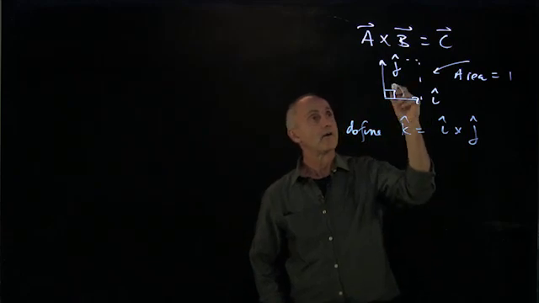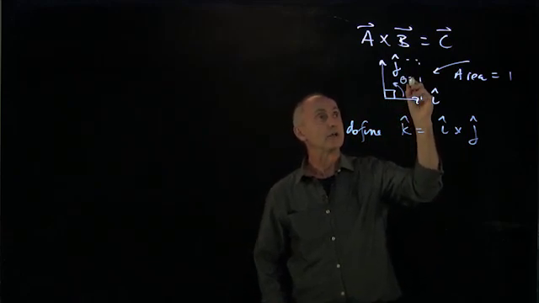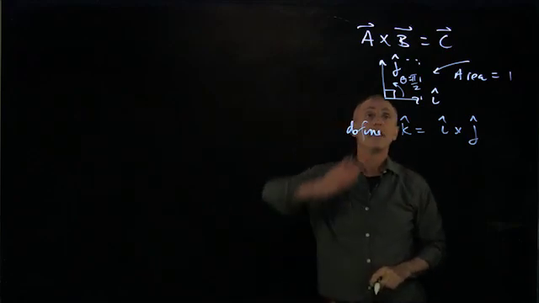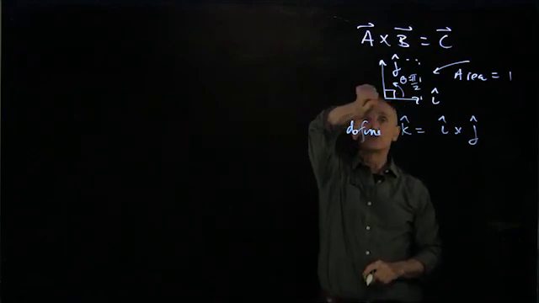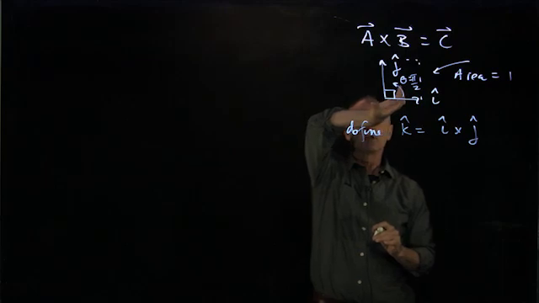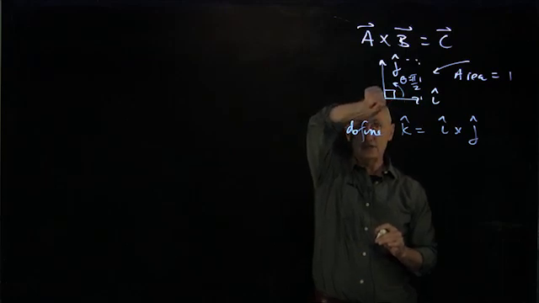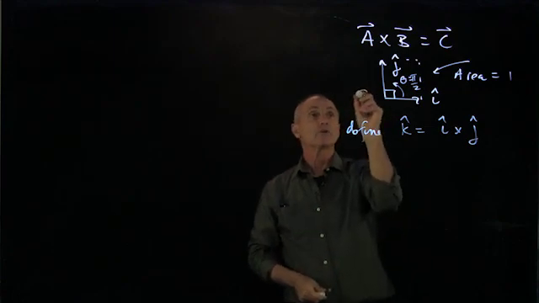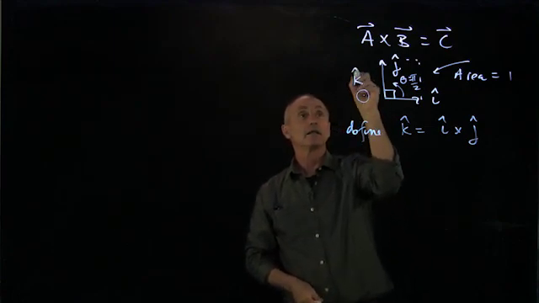Now, our angle theta here was 90 degrees. And so if I use the right-hand rule, then for i hat cross j hat, the right-handed unit normal is out of the plane of the figure. And so I would write k hat like that.